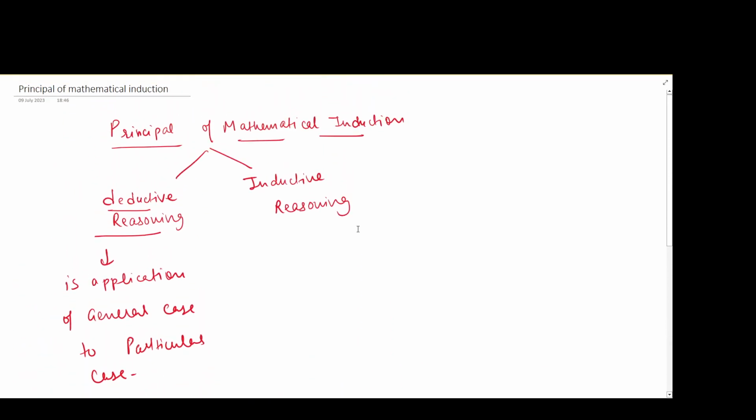Second is inductive reasoning. Inductive reasoning means generalization from a particular case to a general case.